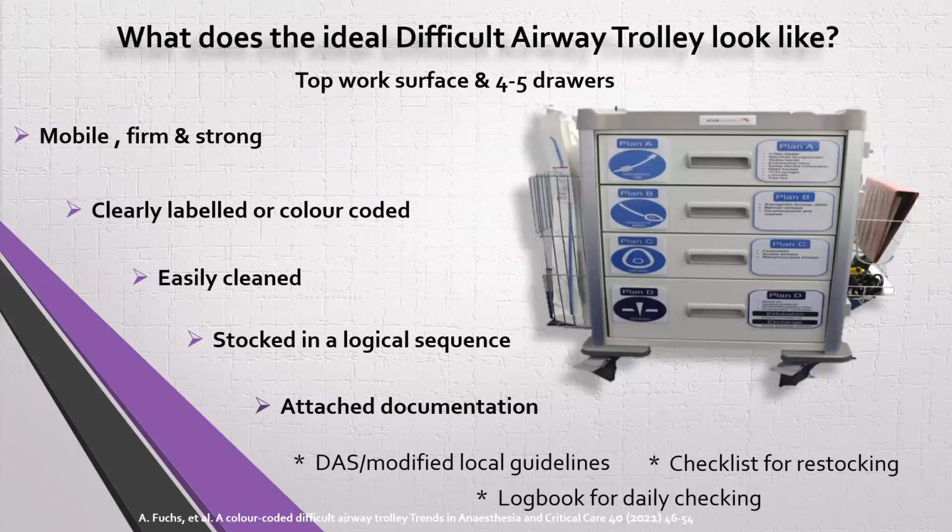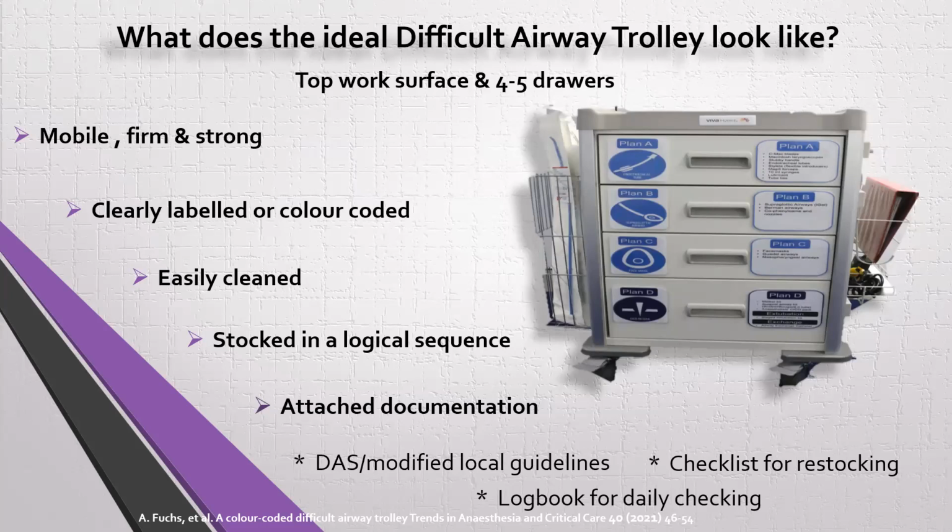So, what does the ideal difficult airway trolley look like? The ideal difficult airway trolley should be composed of a top surface and 4 to 5 drawers. It should be mobile, firm, and strong, clearly labeled or even color-coded, as we mentioned before.